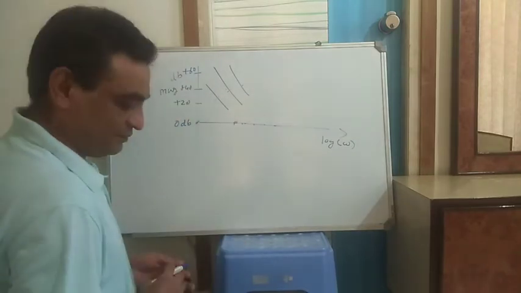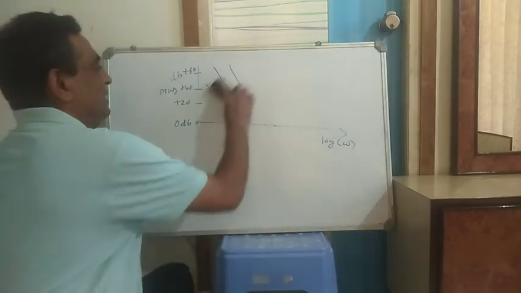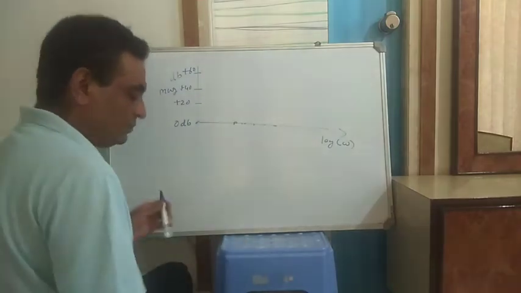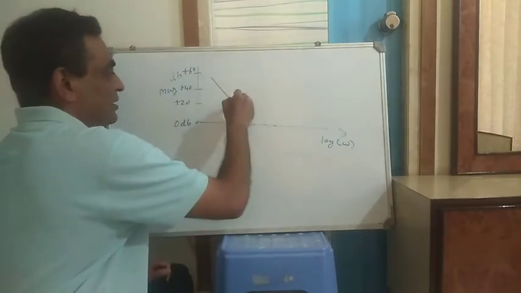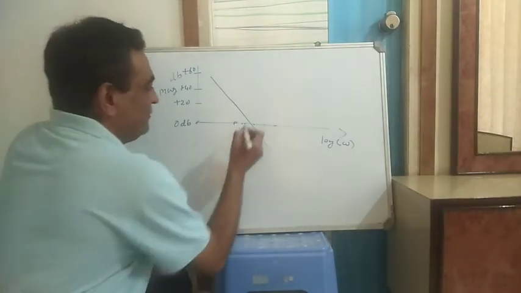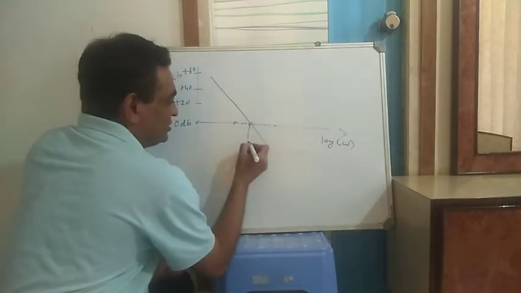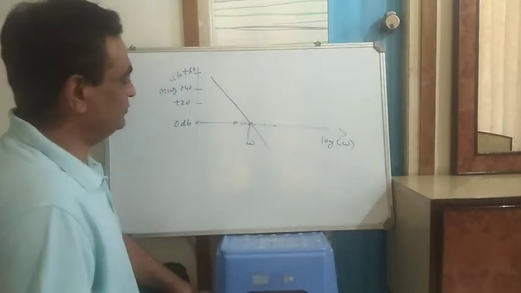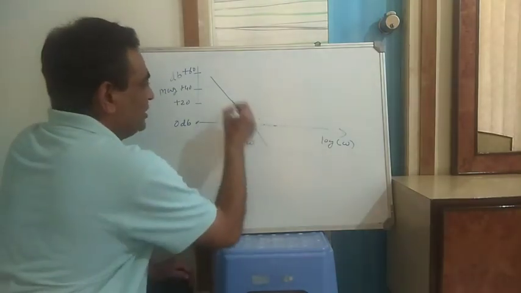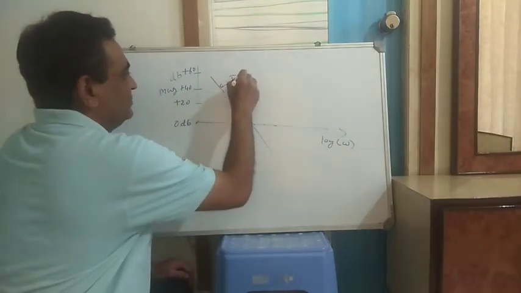Let's say this is the initial slope line, it crosses here. Now this point is omega, any omega.